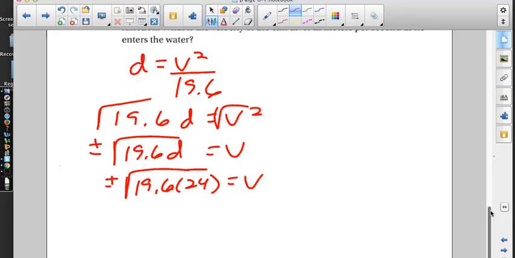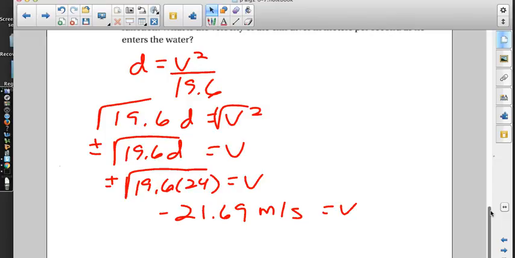And since they're going down, negative 21.69 meters per second. Meters per second for velocity. And we've got it. Now the book doesn't require the negative part, but like I said, I know your science teachers really appreciate it when they can put a little bit of this together with what you do in science. And downward velocity is negative.